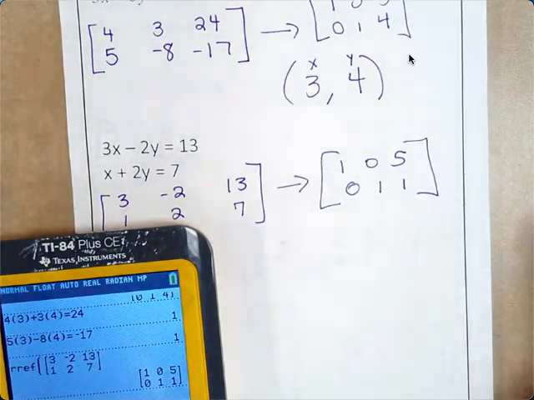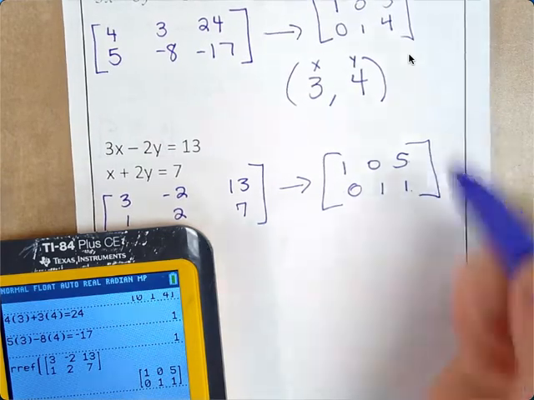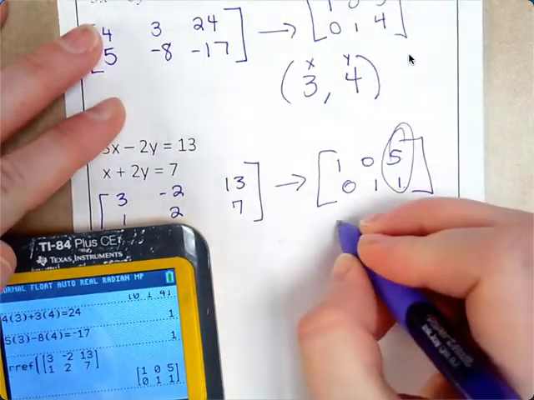So as long as it comes out to a 1, 0, some number, 0, 1, some number, then these are your X and Y values.